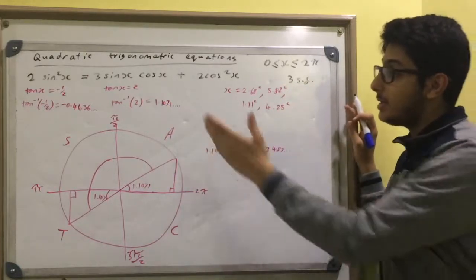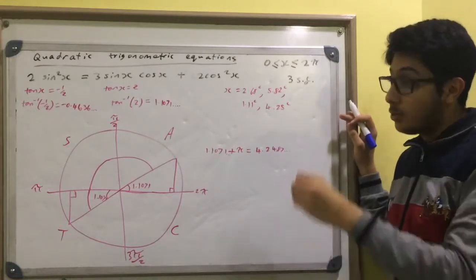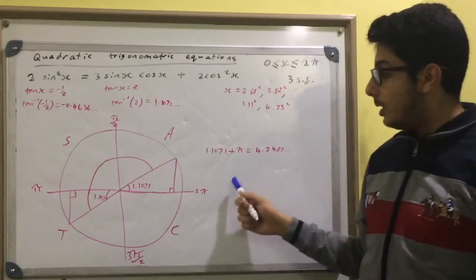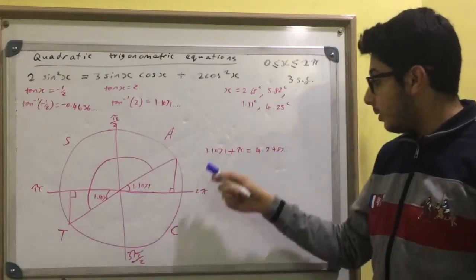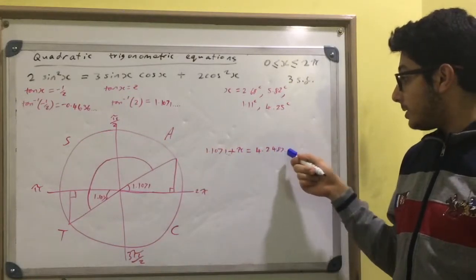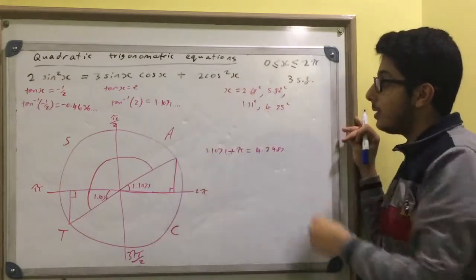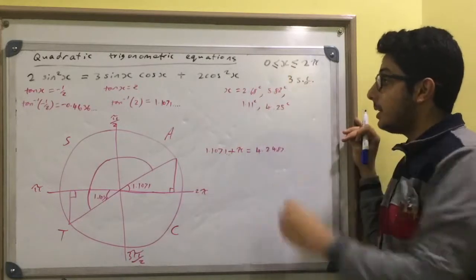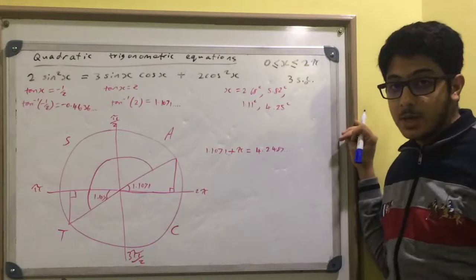By the way, if you're not getting these values when you do inverse tan, it's probably because your calculator is not in radians, so put it in radians mode. I use the unit circle in this case, and I got 4.2487 is the other value. And these are all the solutions for x in this interval to three significant figures.